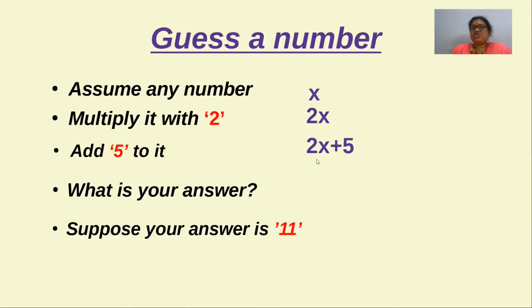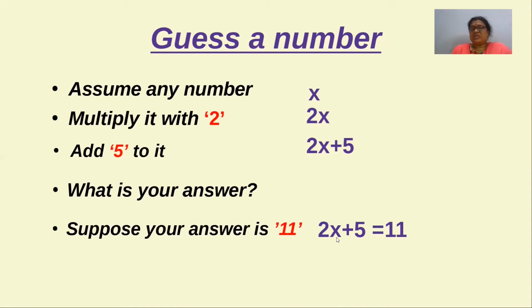So what happens? 2x plus 5. Now, you told me that your answer is 11. Therefore, you have to make it equal. 2x plus 5 is equal to 11. Equality sign is there in between the two terms. You can find out the x value easily.